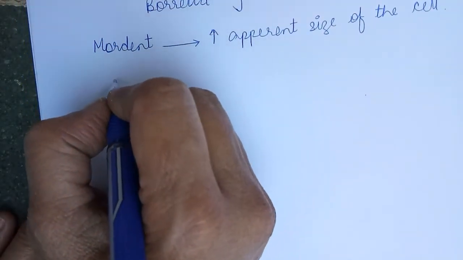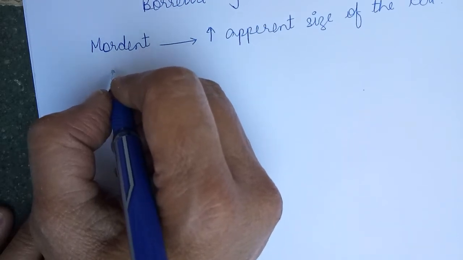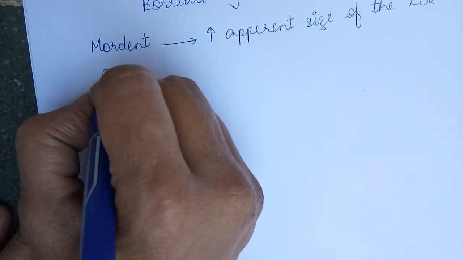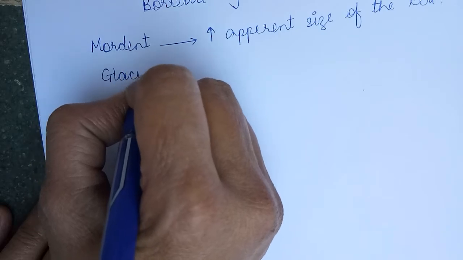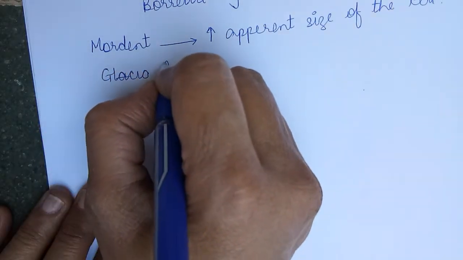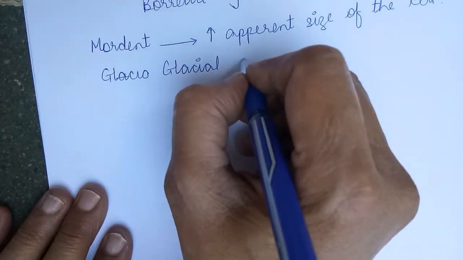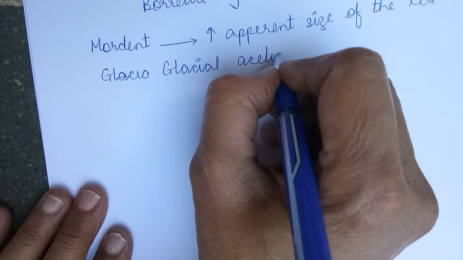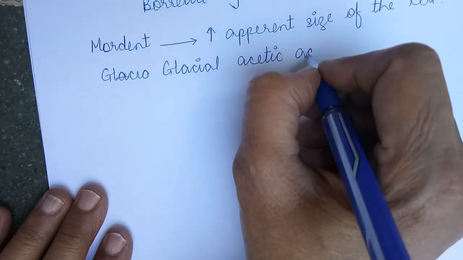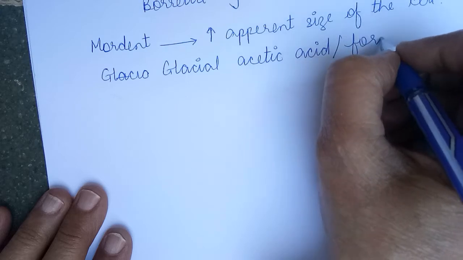We can use several fixatives to fix the bacteria, like glacial acetic acid, and we can also use formalin.